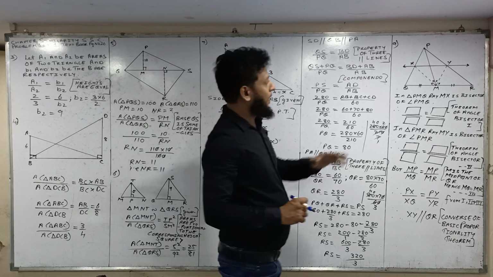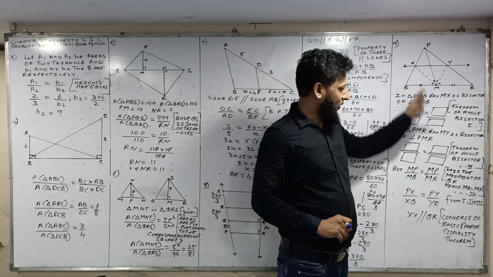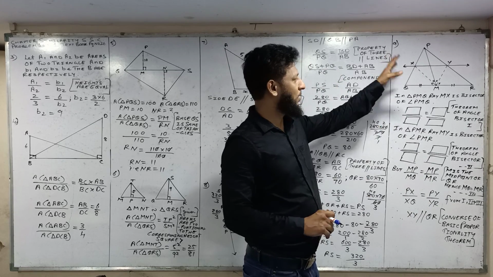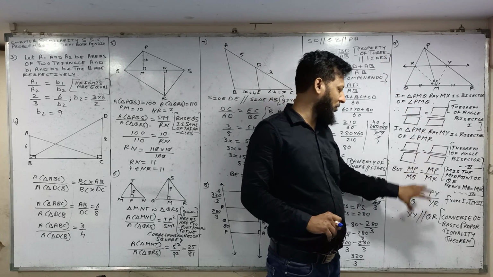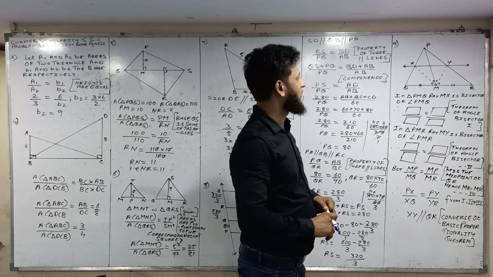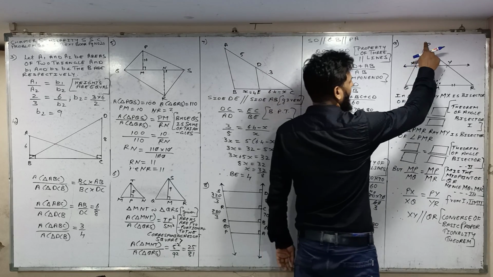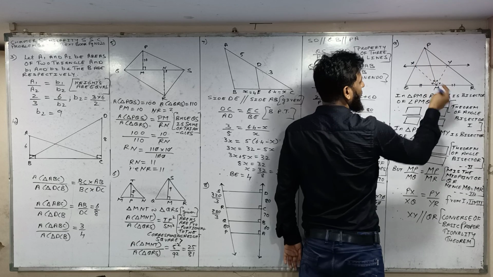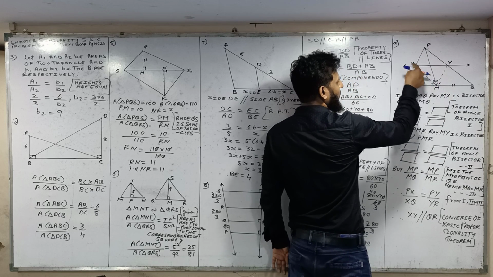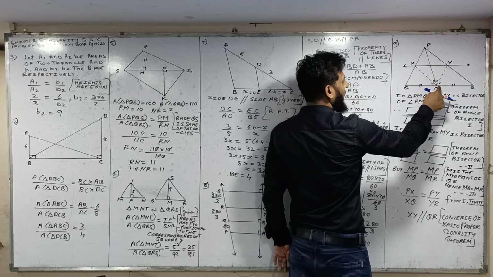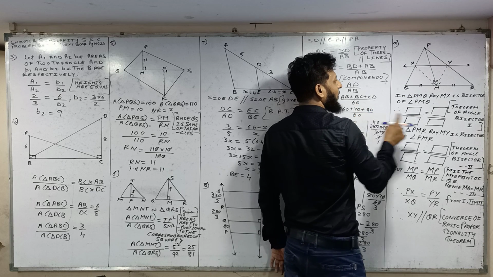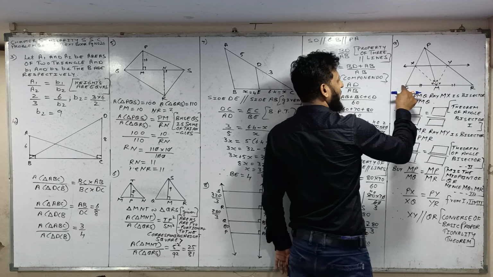in this diagram you have to fill in the blanks. Okay, so diagram is given and boxes are given, you have to just fill the boxes. Okay, you can see in triangle PMQ, ray MX is the bisector of angle PMQ. Therefore MX is the bisector of angle PMQ.